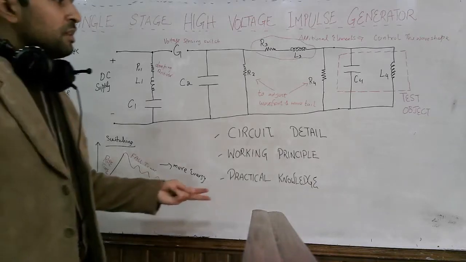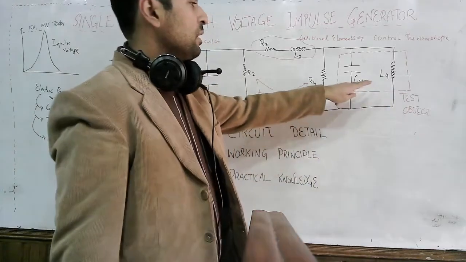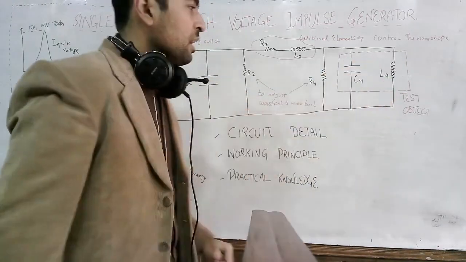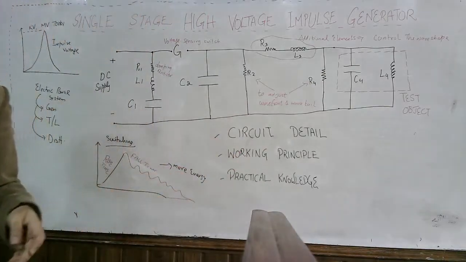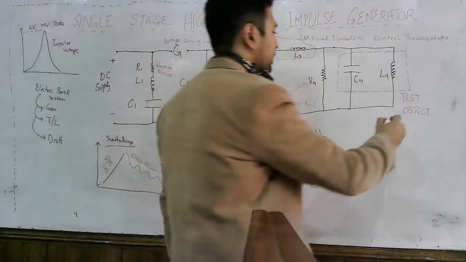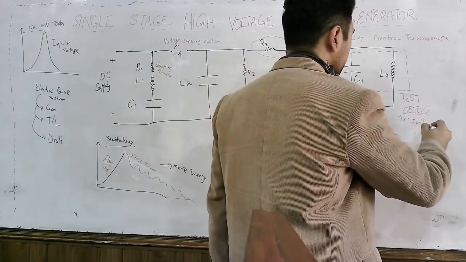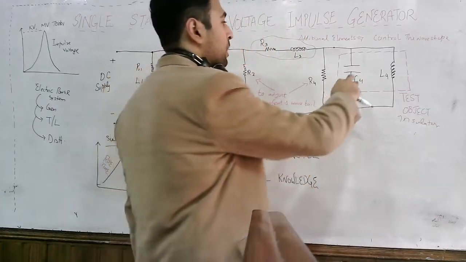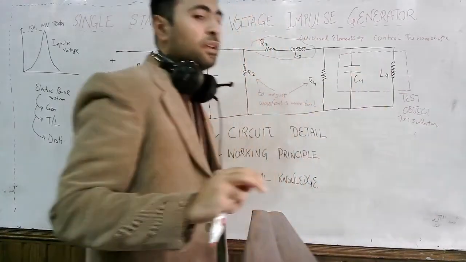Now what is this? This is the test object, which is under this red box. A test object can be an insulator. In a test object you have capacitor and inductor.